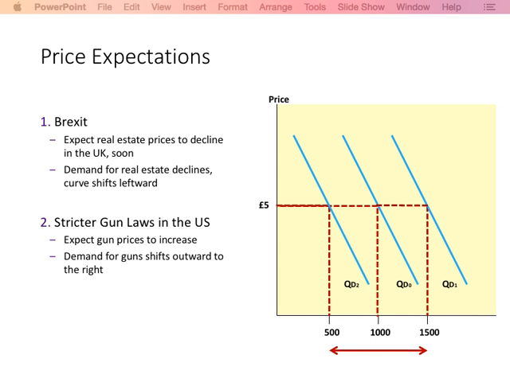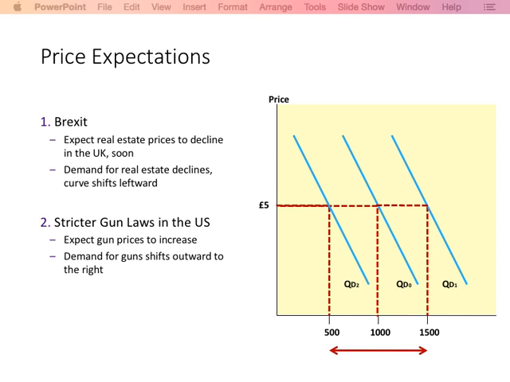And the last factor that shifts or affects the demand curve is the expectations of price changes. You can think of an example of Brexit. For property prices, there's a speculation or expectation that the property price will decline. If you've been reading the news, you may believe this, but it looks like it's not actually declining.